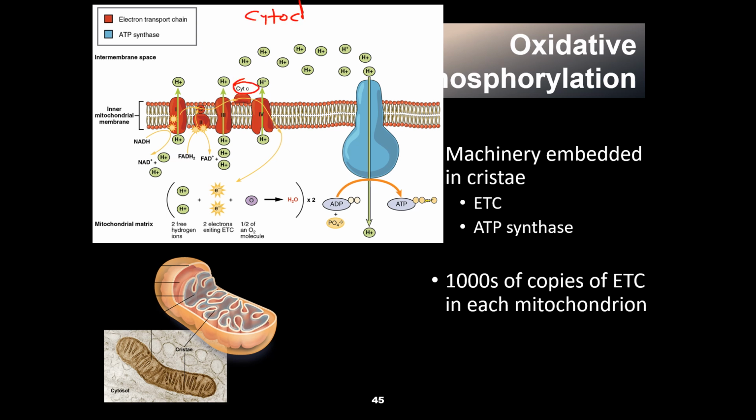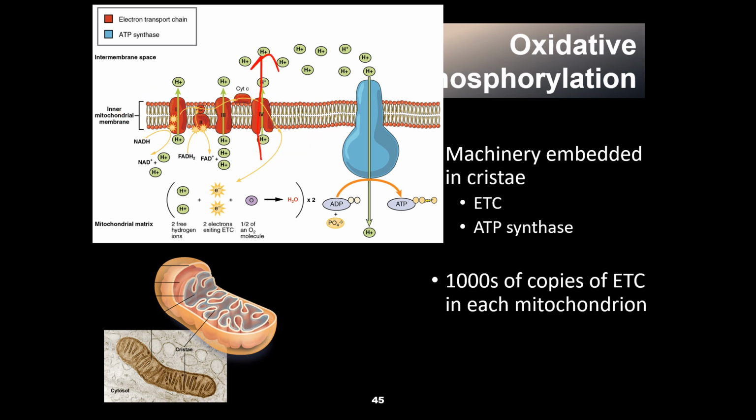Cytochrome C is one of the cytochromes residing within the electron transport chain, and it's a good example of a cytochrome. So cytochromes are these enzymes that help shuttle the electrons and in turn help pump protons. So you can see this whole thing here as one big proton pump.